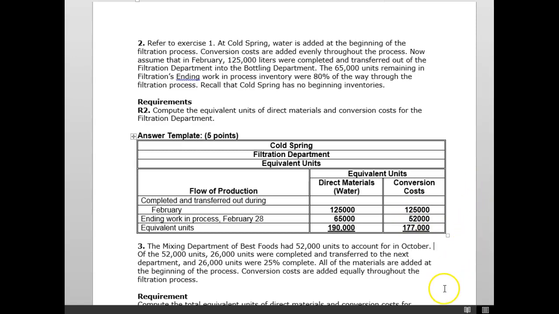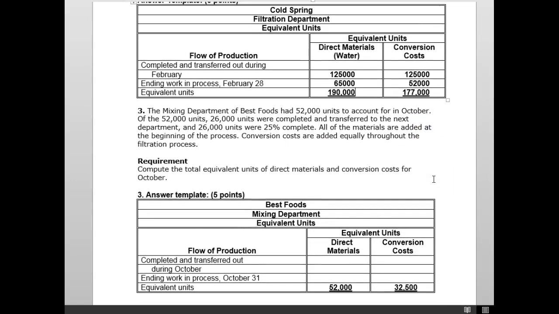So now we've got 190,000 direct material units and 177,000 conversion cost units, and those are your equivalent units, and that's how you would calculate that. There's always a percentage involved, and it had no beginning inventory, so we didn't have to worry about that.